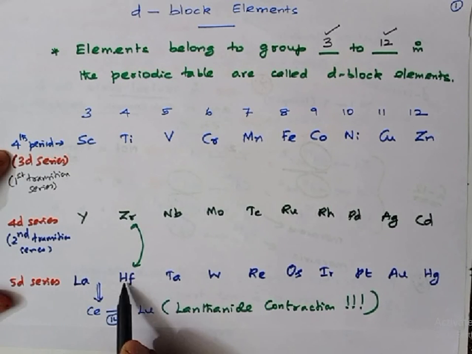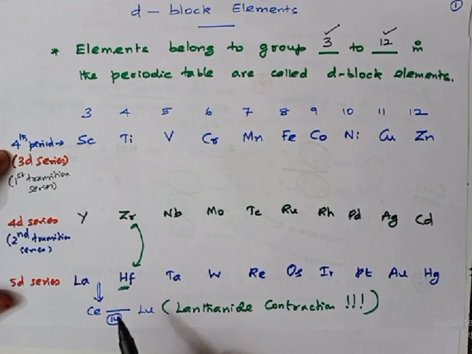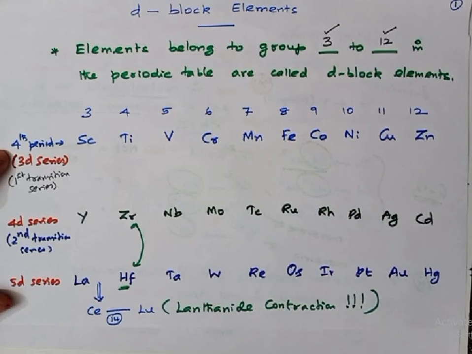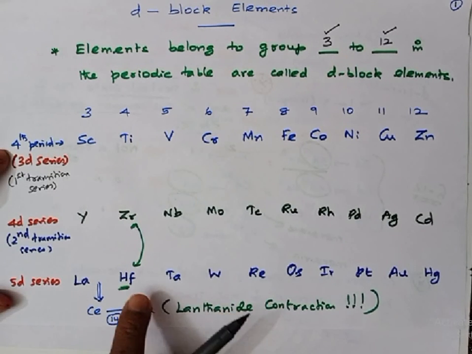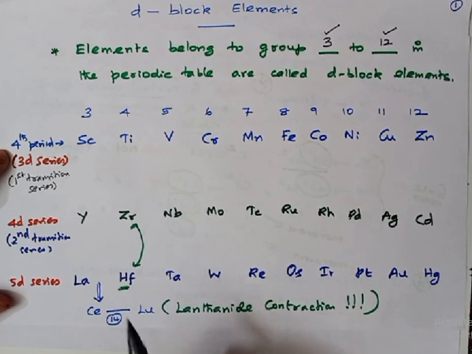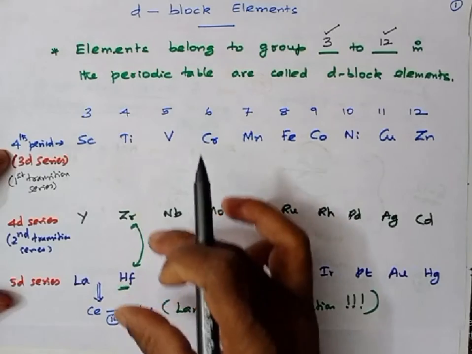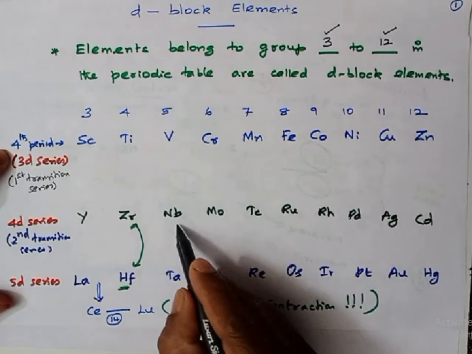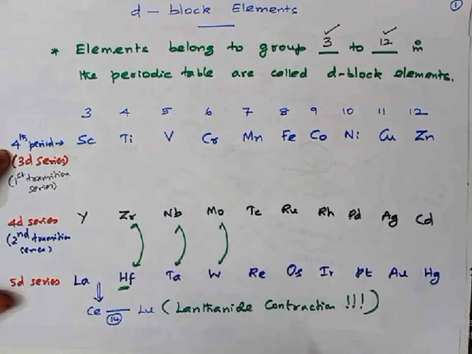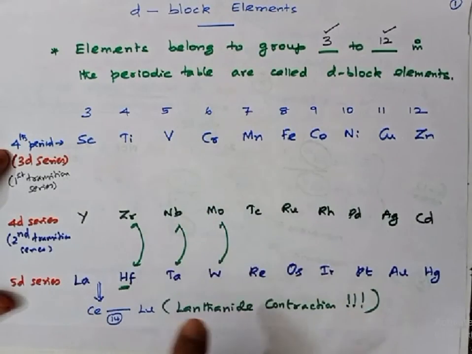But between lanthanum and hafnium, lanthanide contraction is there. Because of that, the size of hafnium is not increasing to a larger extent; the hafnium size is a little bit small. So zirconium and hafnium have comparable size. Similarly, niobium and tantalum, and molybdenum and tungsten, have comparable size. What is the reason? The reason is lanthanide contraction.